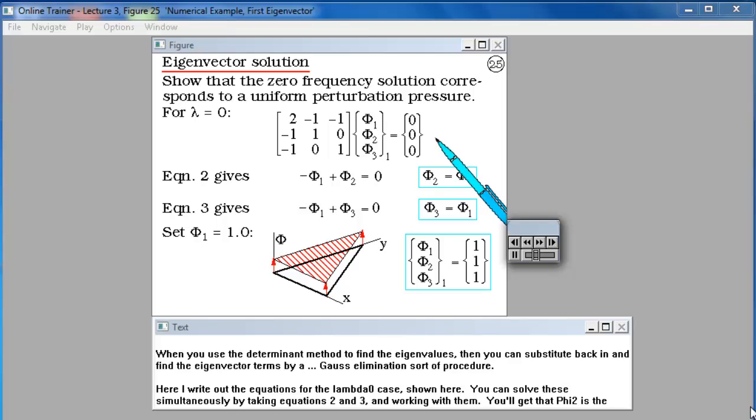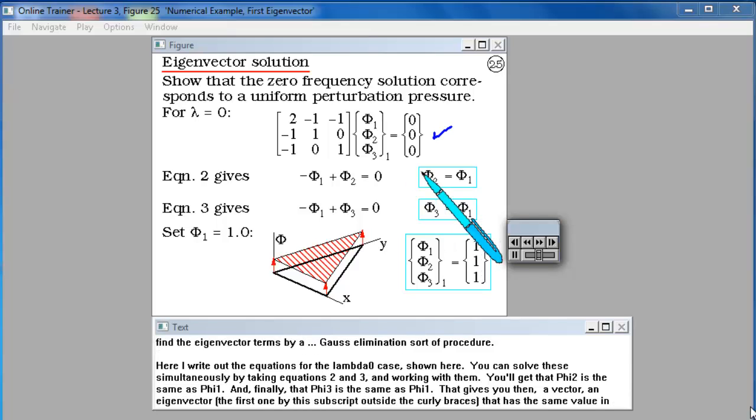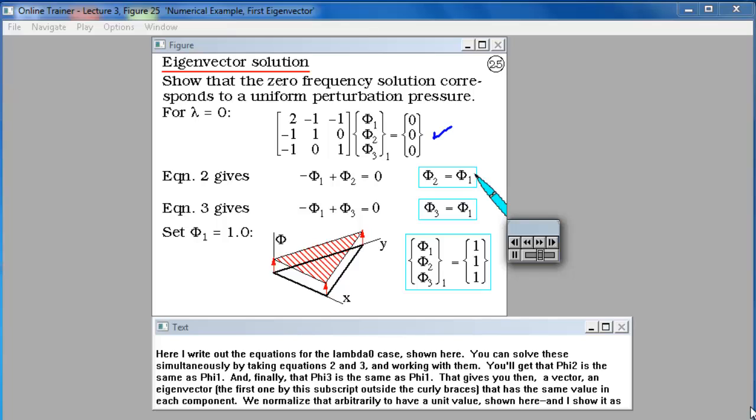Here I write out the equations for the lambda 0 case shown here, and you can solve these simultaneously by taking equations 2 and 3 and working with them, and you'll get that phi 2 is the same as phi 1, and then finally phi 3 is the same as phi 1.